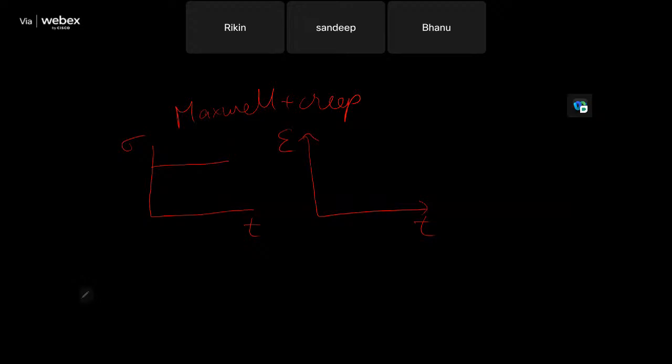Just a second. Yeah. So the response of this will be something like this, which basically tells us there's an instantaneous strain.